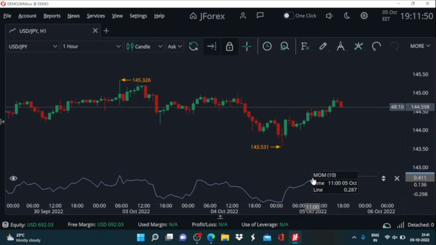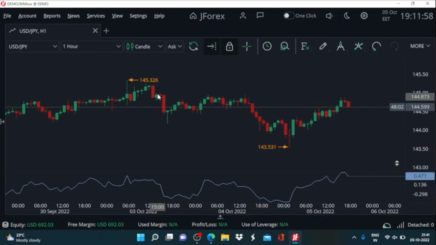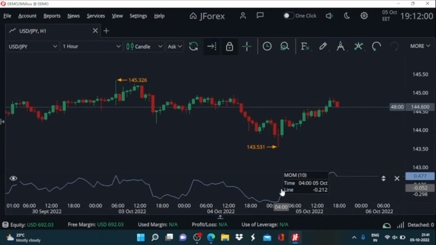And when we use low value as the applied price, the initial jump on the lower side will be registered quite fast. But this indicator's output value is going to be affected on both sides. Now that we are using high price as its applied price, when it moves sharply on the upper side, that move is registered quite fast.